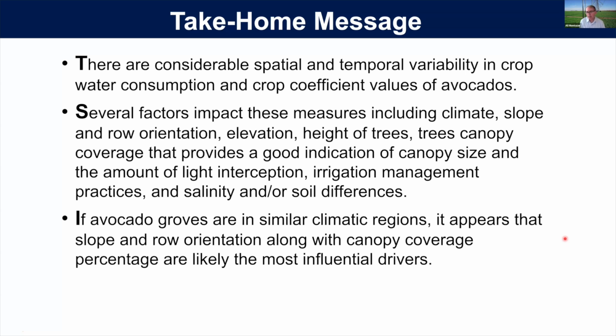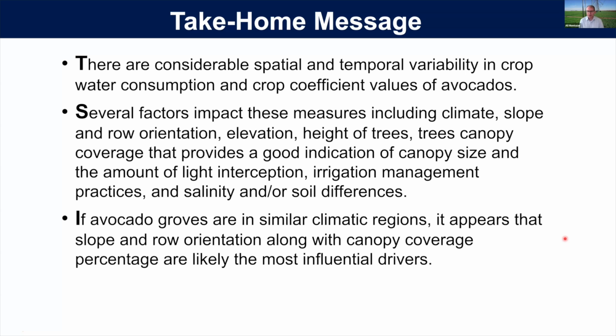Several factors may impact your crop water needs: climate, slope and row orientation, elevation, height of tree canopy, which is a good indicator of canopy size and the amount of light interception, irrigation management practices, and salinity and your soil type differences. So they are the major factors.